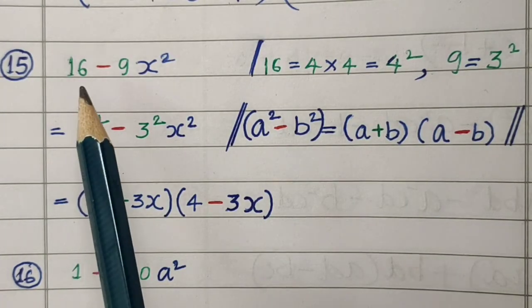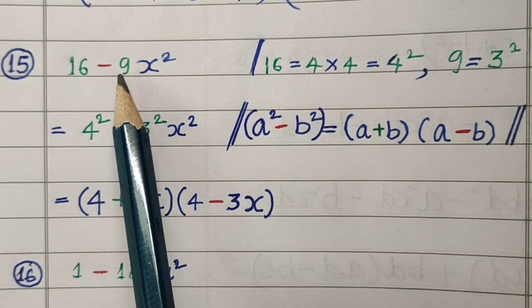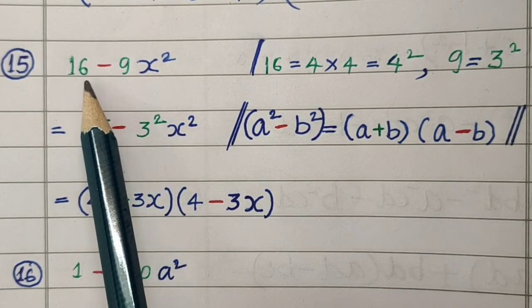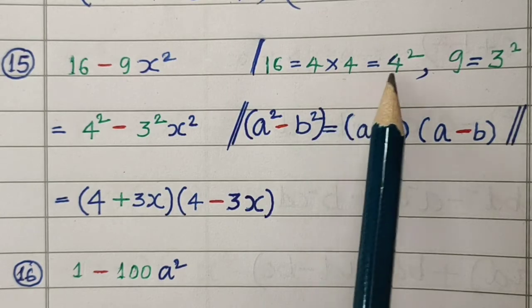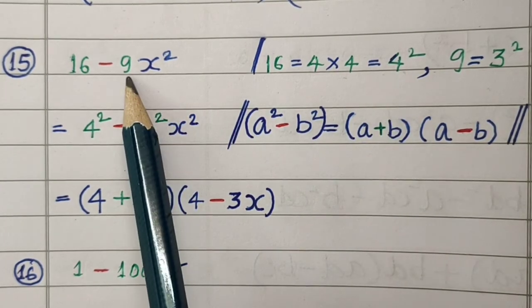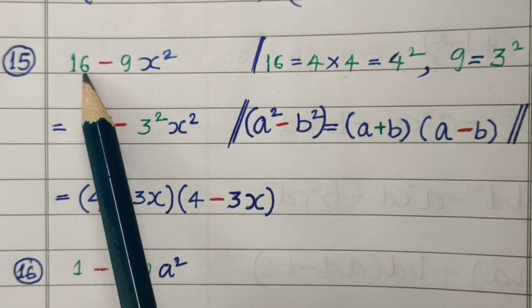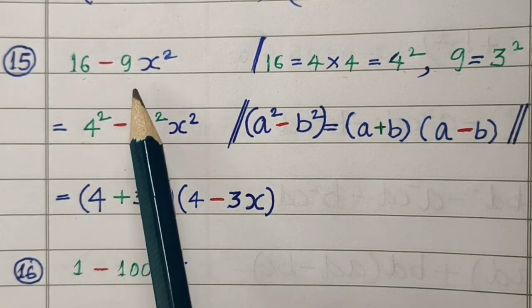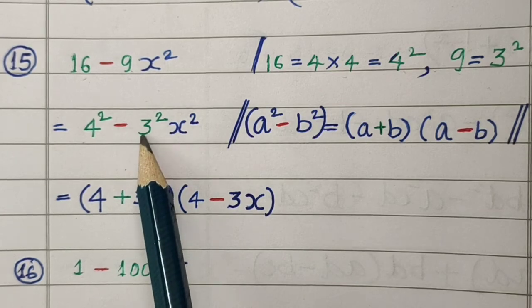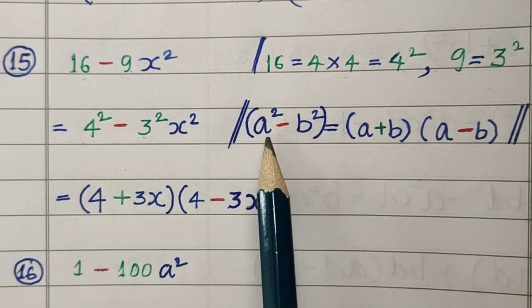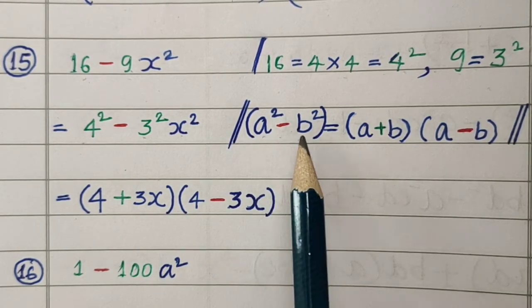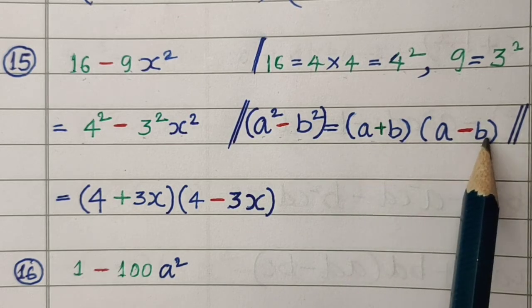Factorize 16 minus 9x square. 16 can be written as 4 into 4, that is 4 square. 9 can be written as 3 into 3, that is 3 square. We write 16 as 4 square minus 3 square x square. We know the formula a square minus b square is equal to a plus b into a minus b.